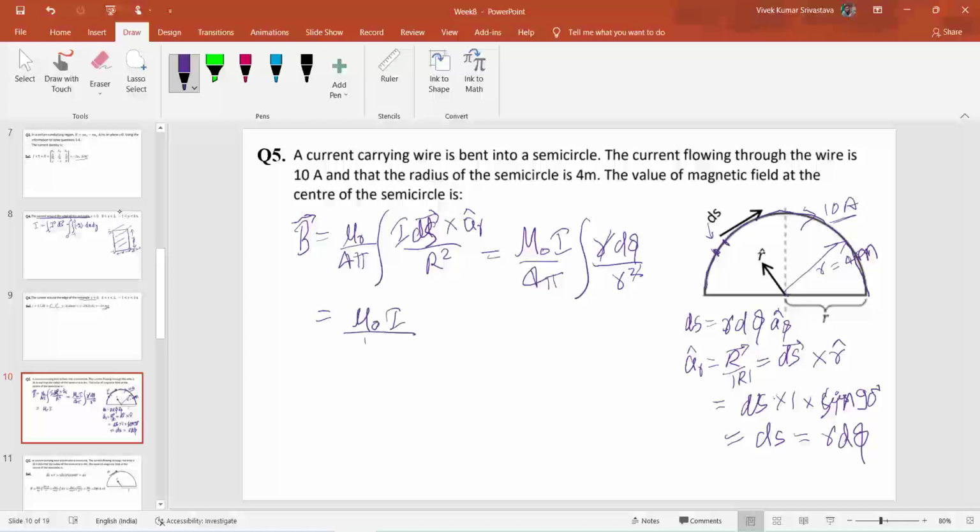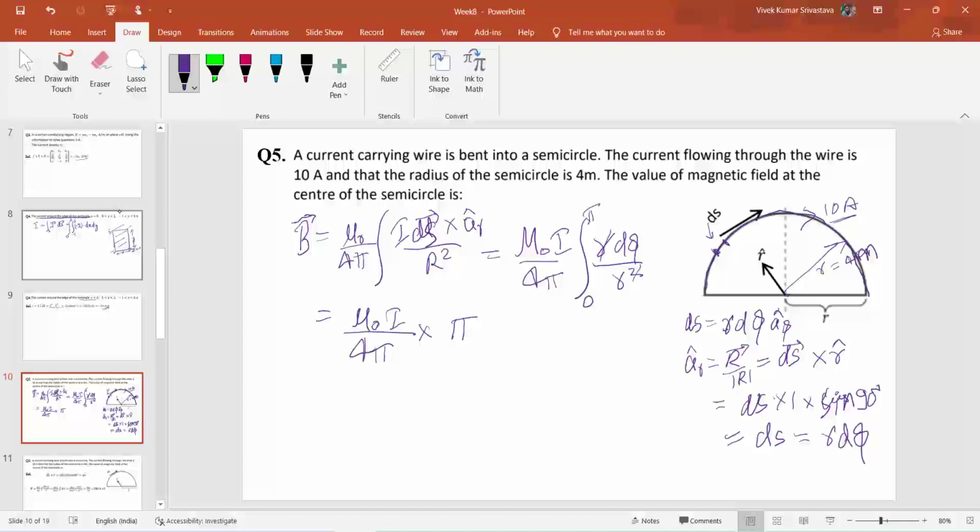μ0 I over 4π into this will be equal to π, because we are considering a semicircle.